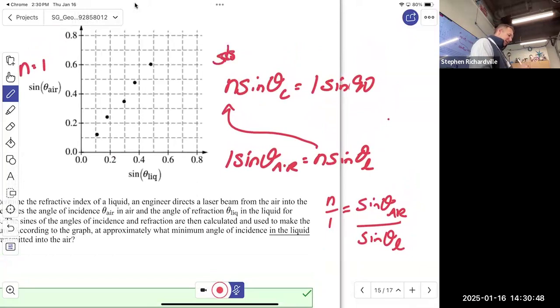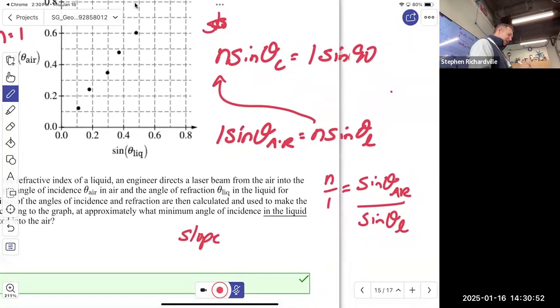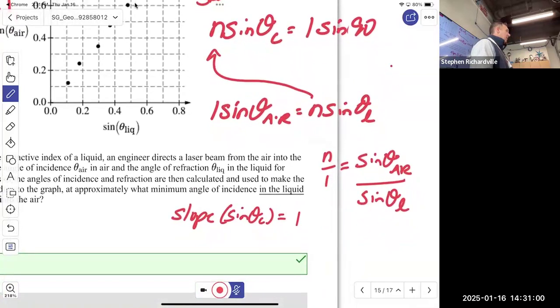So if I plug that in, I get the slope times sine theta critical equals 1. This is where I start to get close, because it looks to me like sine theta critical is going to be 1 over the slope.